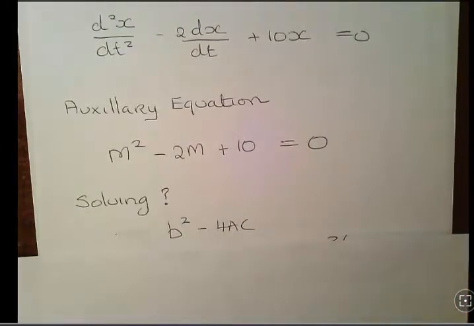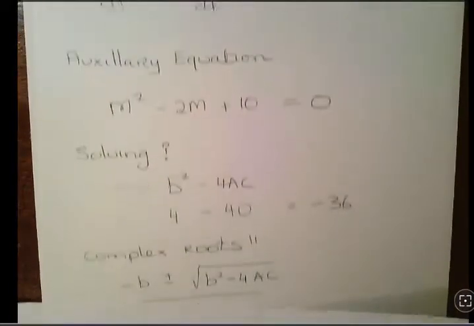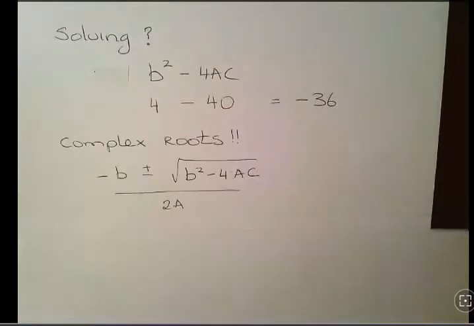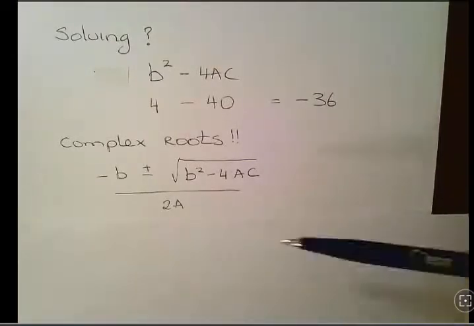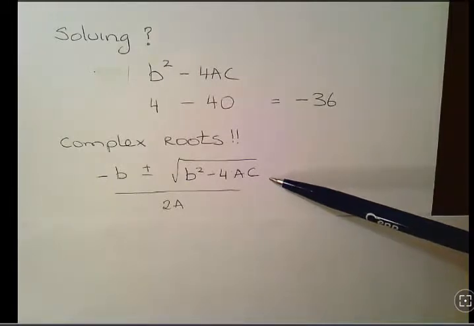So 4 minus 40 is minus 36. So essentially what we're going to have here is complex roots. I'm just going to highlight that fact, because you should expect these complex roots.